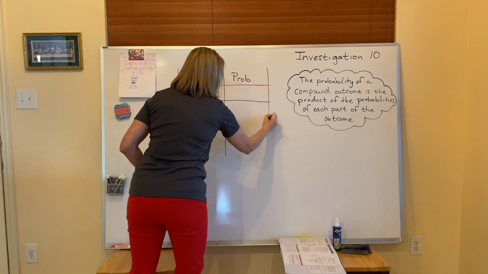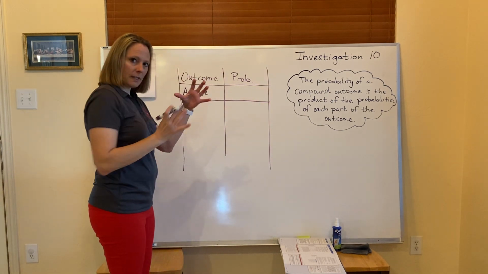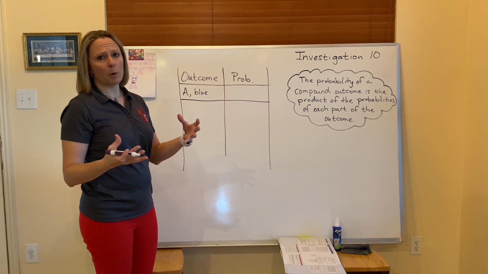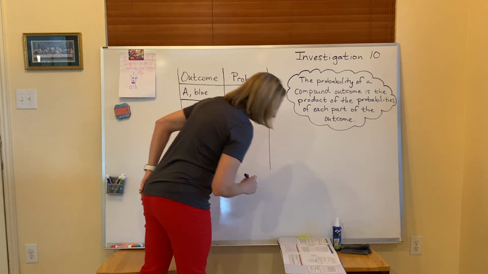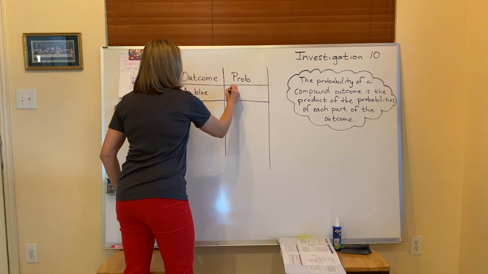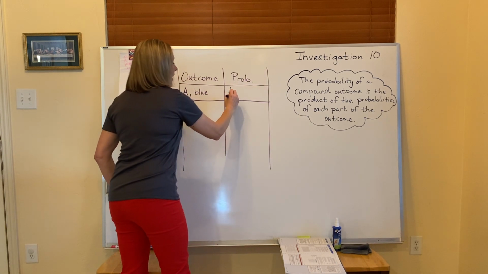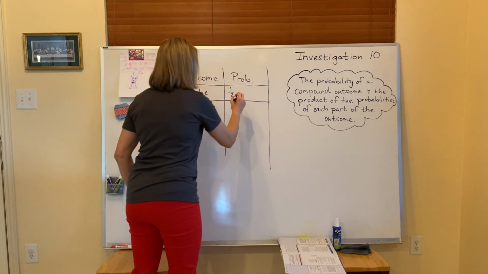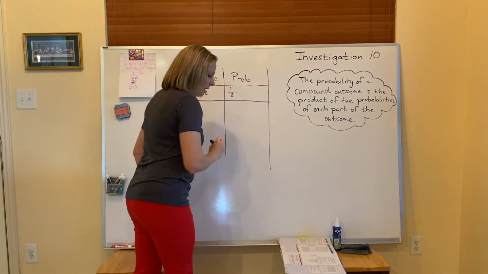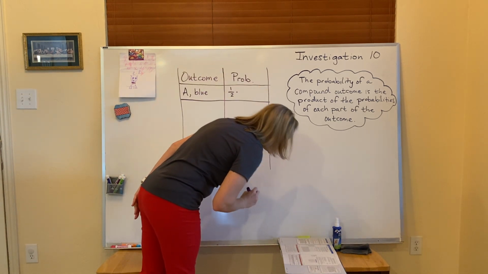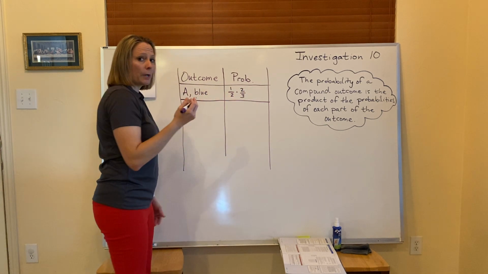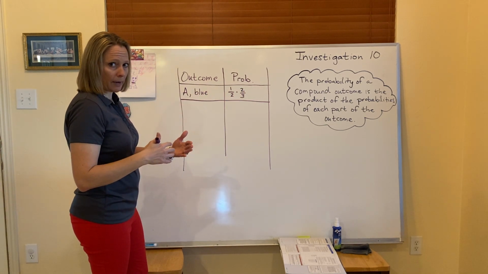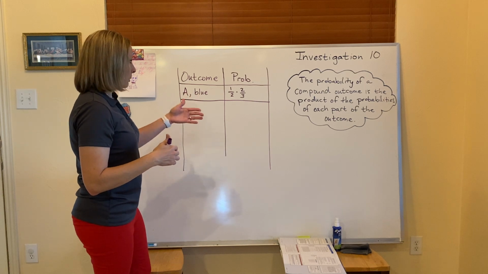It depends on the size of the sector, and it depends on how many blue marbles are in the bag out of the total. And we determined that was 1/2, right? We had a 1 out of 2 chance of landing on A, times blue, which we determined is 2/3, because 2 out of 3 marbles in the bag, once we simplified our ratio, were blue.